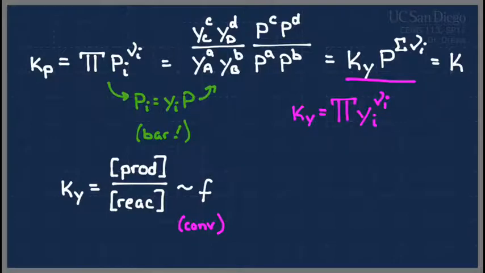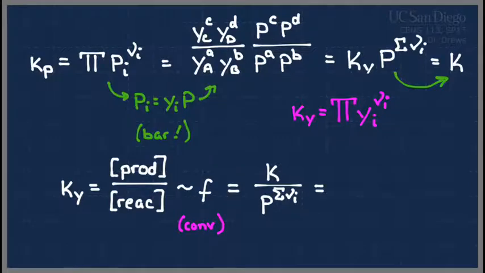And so the opposite side of this then looks like, if we move this P over to here, that Ky then is equal to K divided by P raised to the sum of the stoichiometric coefficients. And just to be entirely clear about which K's we're talking about there, because we have a lot, that's like saying K0, K1, K2 divided by P raised to the sum of the stoichiometric coefficients.